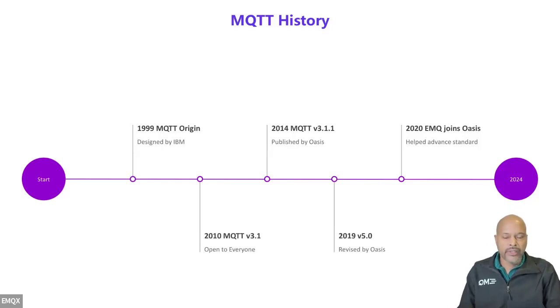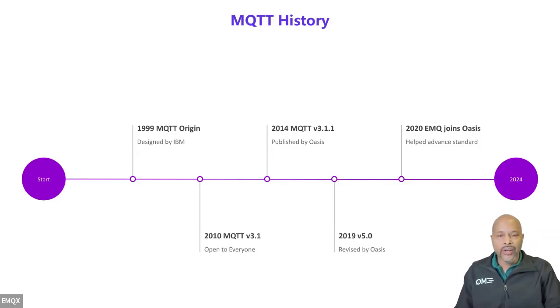So if you are running a system that's older than 2019 and haven't made any updates, it's very likely that you're running an older version of MQTT that may not have some of the features that we've talked about. If you haven't upgraded since then, reach out to us and see how we can bring you into the new tech.